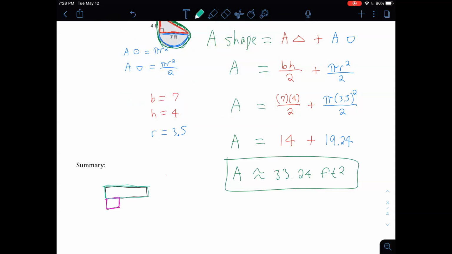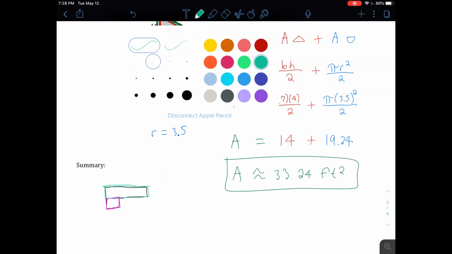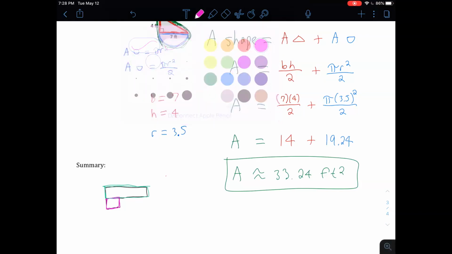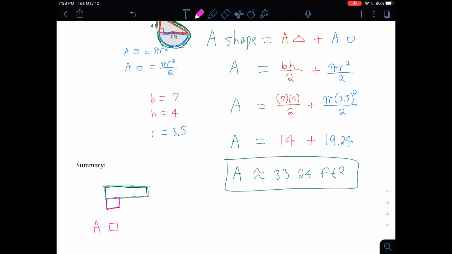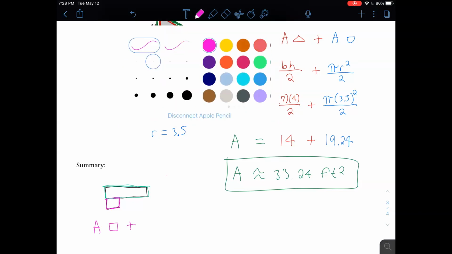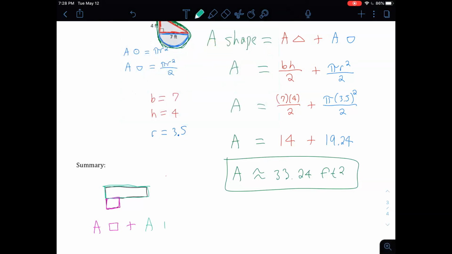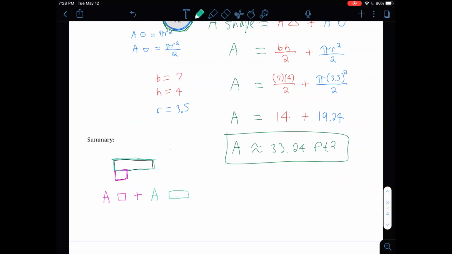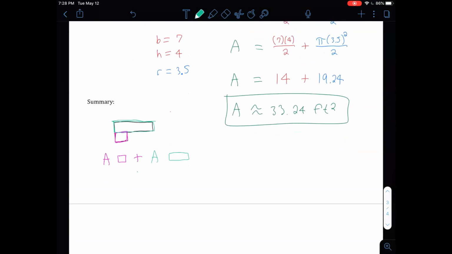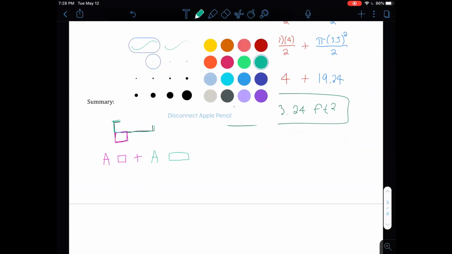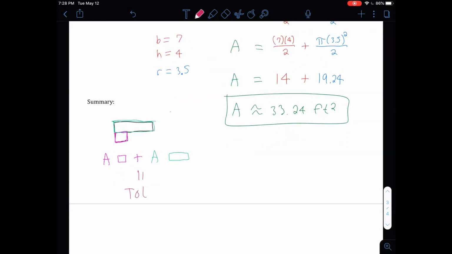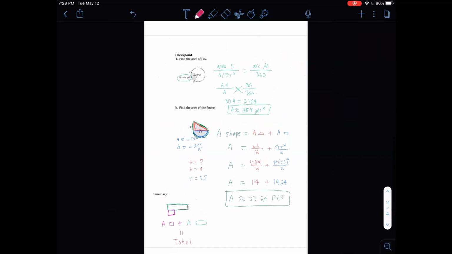I'm going to write that down here, actually. Area of square plus area of rectangle equals the total.